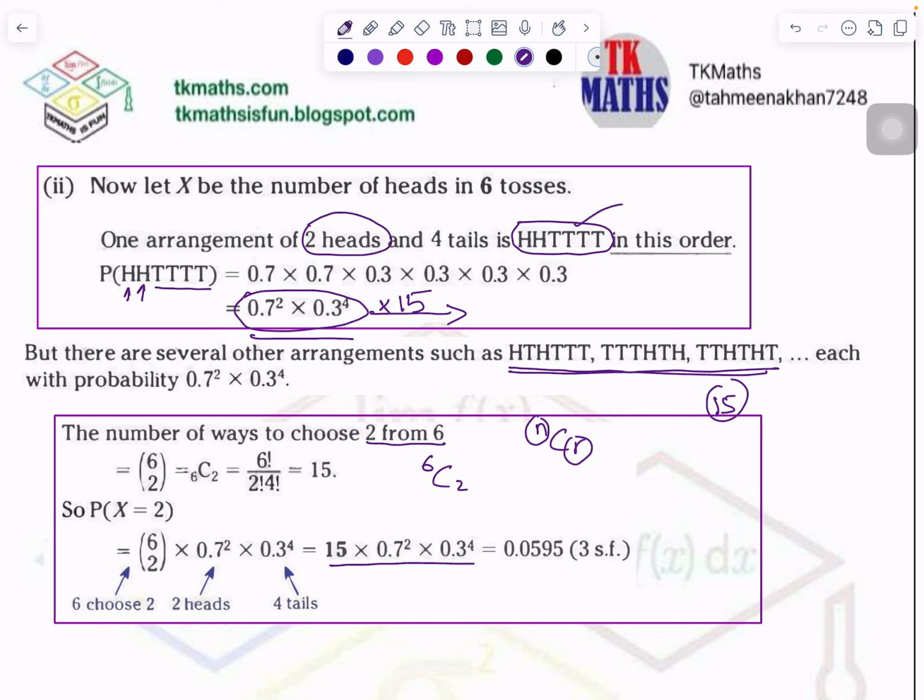This is what is written here. So what did we get at the end? It is 6C2 times 0.7 squared times 0.3 to the power 4. And we had to calculate what? 2 from the total tosses, 6. This is telling you total tosses. And this is the probability of it happening.